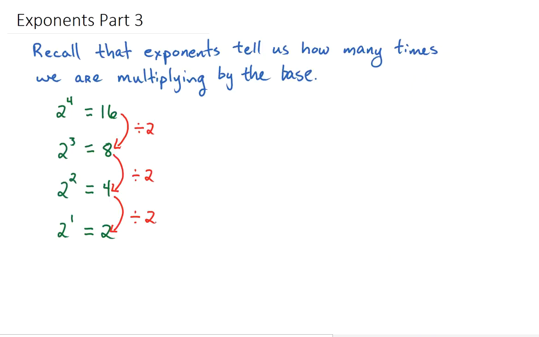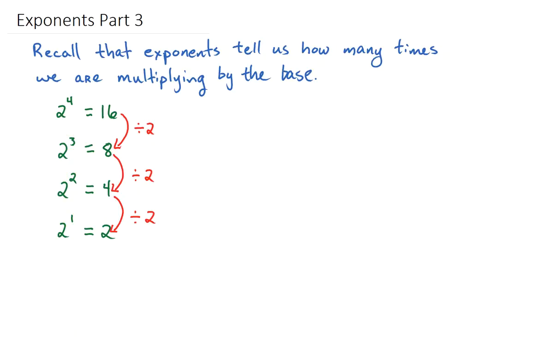And that shouldn't be too surprising because over here we're going down in powers of 2. Powers of 2, the more we have, the more times we're multiplying by 2. So it shouldn't be too surprising that as we go down in incremental steps, it creates this division by 2 behavior, because that's the opposite of increasing multiples of 2.